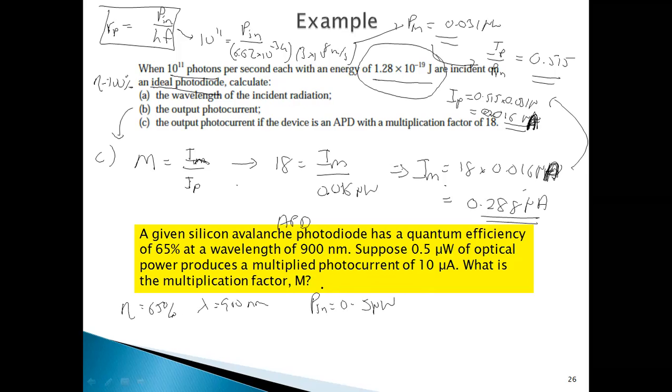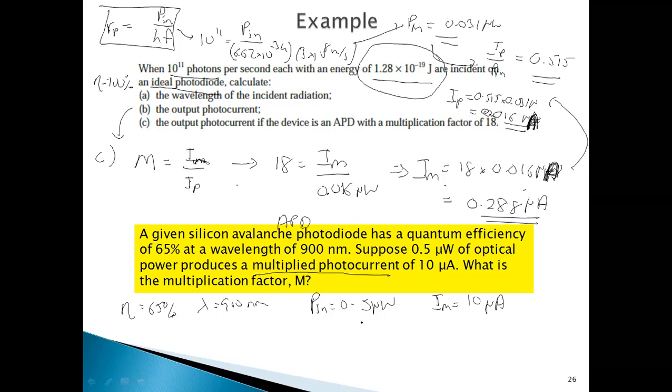And it produces a multiplied photocurrent of 10 microampere. So basically a multiplied photocurrent means that, for the case of APD, this is the current produced after the multiplication process occurred, so after the avalanche process occurred. So we can see that this 10 microampere is noted to be IM, which is the photocurrent produced after the process of multiplication.